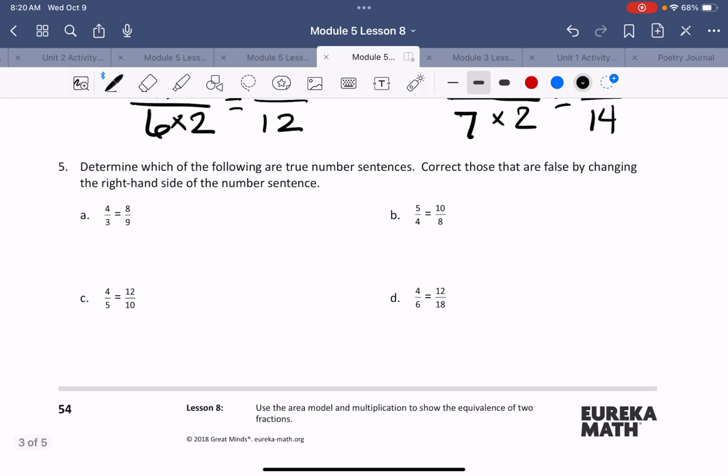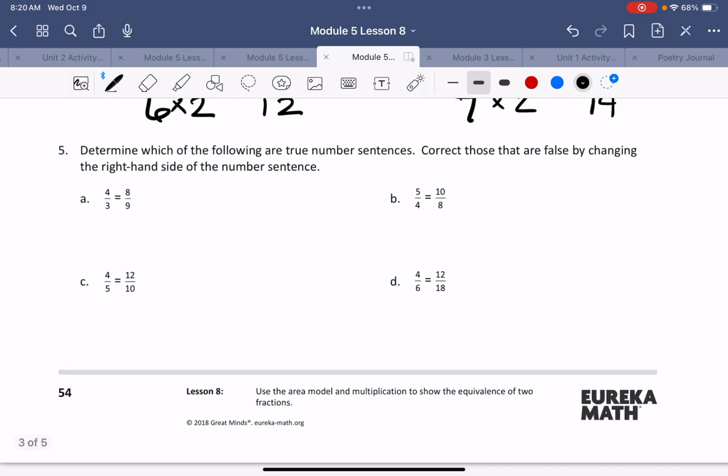Okay, let's look at number 5. On 5, you have to determine, is the number sentence true? And if it's false, you need to change it to show that it's true. So if I have 4/3, what could I times 4/3 by to get 8/9?